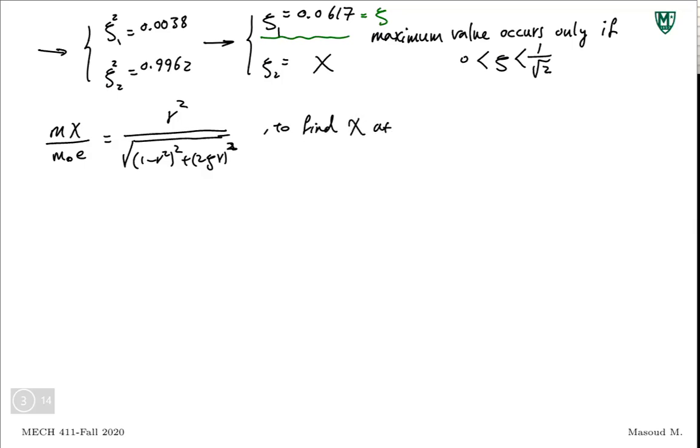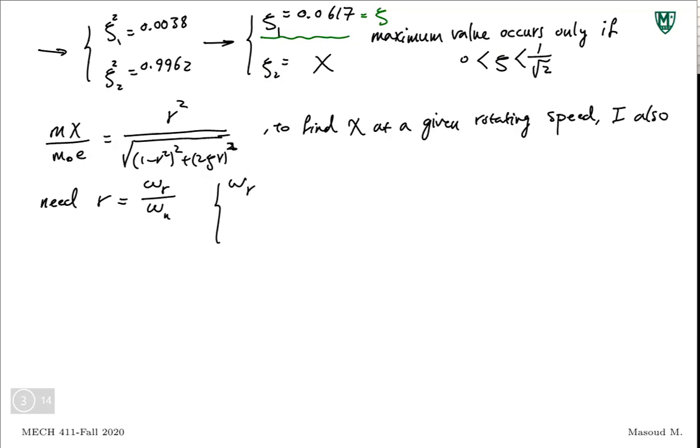Right? What was r? Well, I need to find x at a given rotating speed. I also need the frequency ratio. What was r? r was omega r over omega n.